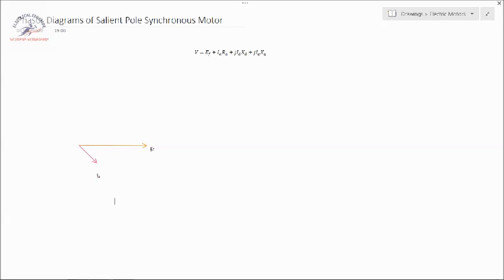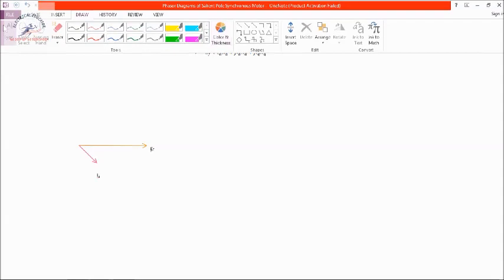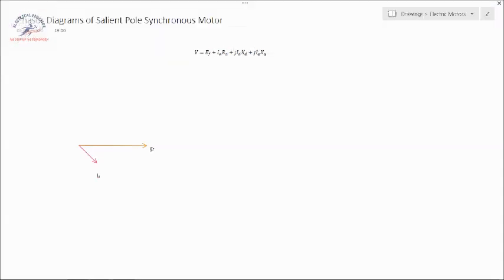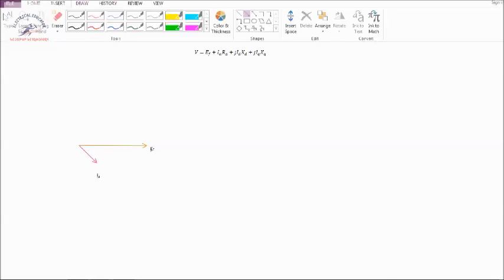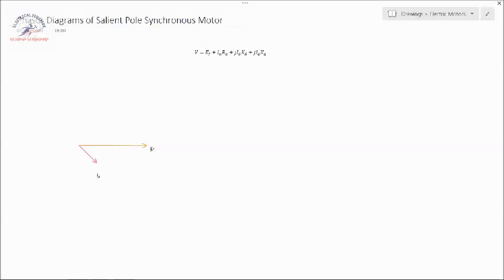Now this IA vector can be resolved into two components. Let us resolve it into two components.